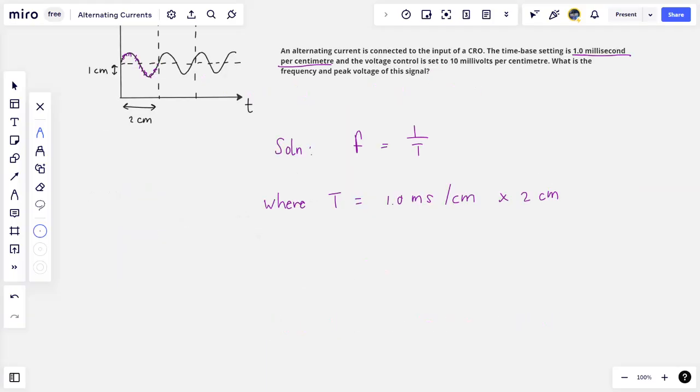So the period is the time taken for a complete cycle: 1 millisecond per centimeter times 2 centimeters. Calculating and keeping note of my significant figures, I get this to be 2 times 10 to the minus 3 seconds, or 2 milliseconds. I simply wrote milli as times 10 to the minus 3.